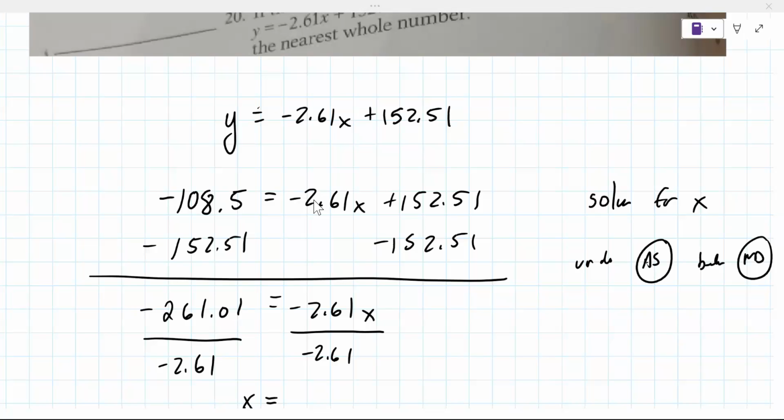Didn't get that correct. So I do get 100.0038 through 14.